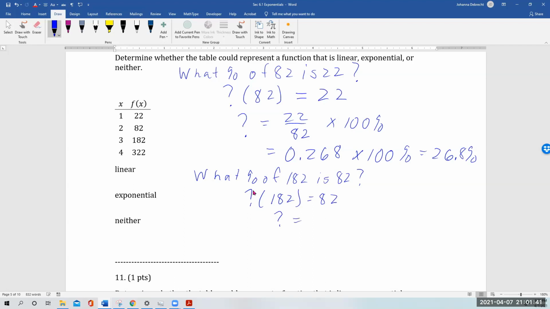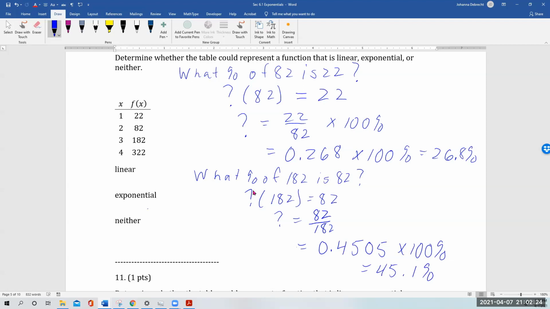The unknown value is going to be 82 divided by 182, which, using a calculator or long division, reduces to 41 over 91, which as a decimal comes out to be approximately 0.4505. This, however, is not the same percentage of increase. So this is going to give us 45.1%. These are not the same amount.